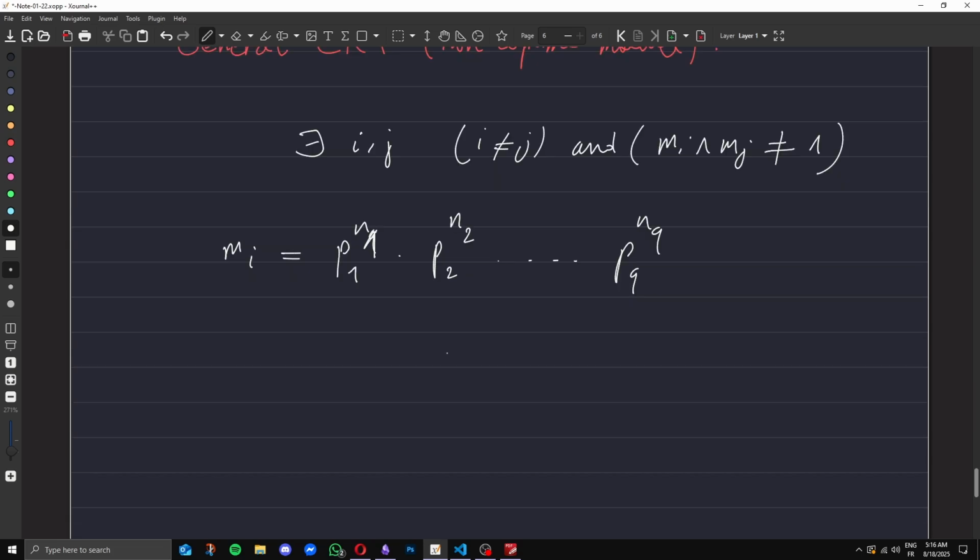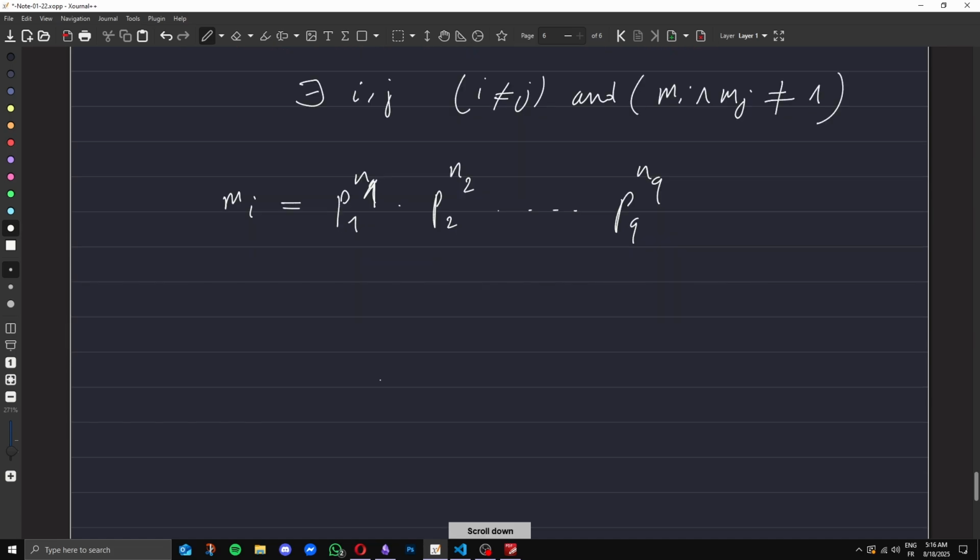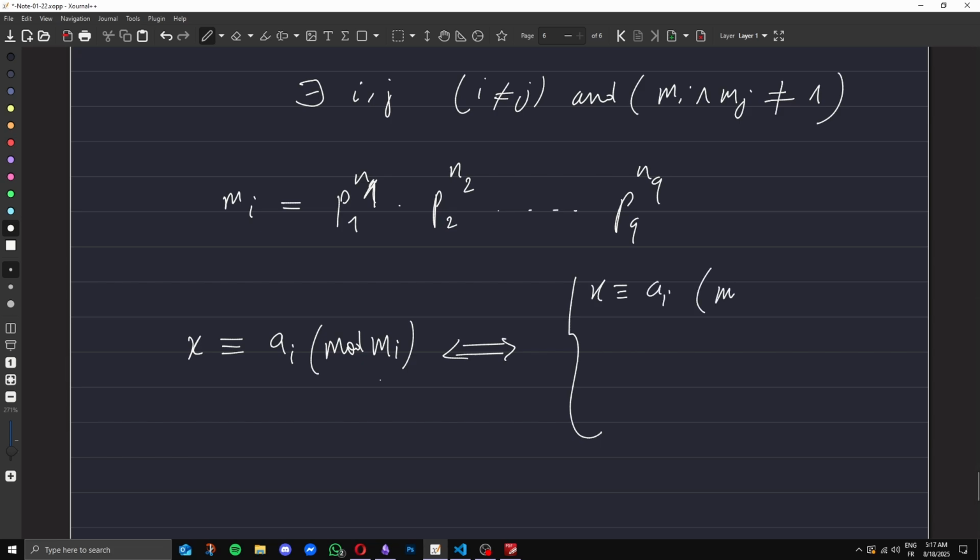So this means that if we have x congruent to ai modulo mi, this is equivalent to this system of equations. So x is congruent to ai modulo p1 to the power of n1, and x congruent to ai mod p2 to the n2, so on until pq to the nq, okay?